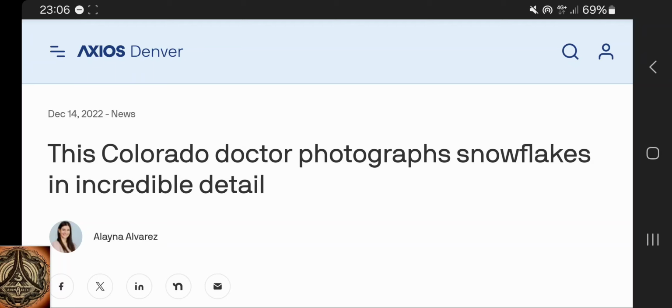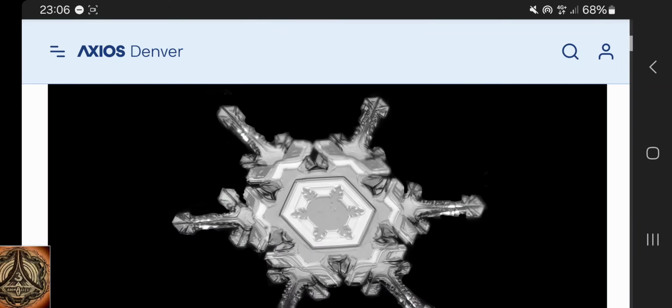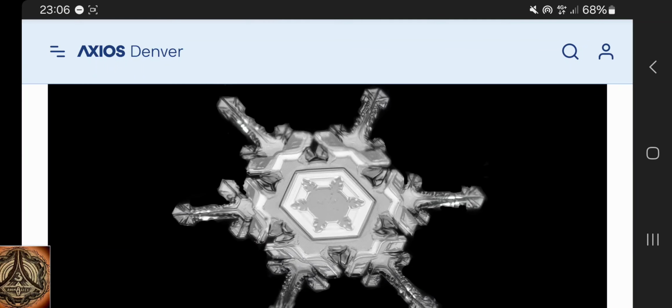So, Axios Denver. Denver is a nice place. There are many interesting people living in Denver. Anyway, this Colorado doctor photographs snowflakes in incredible detail. Yeah, it's a doctor who takes pictures of snowflakes.